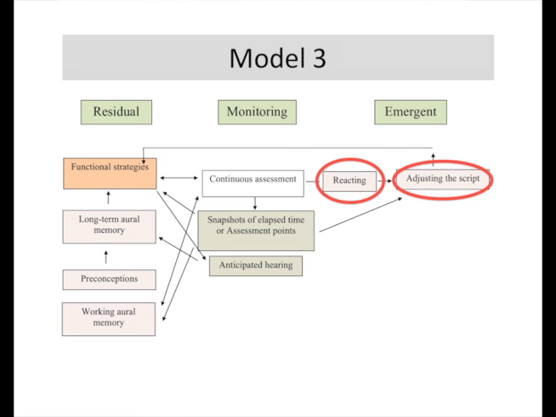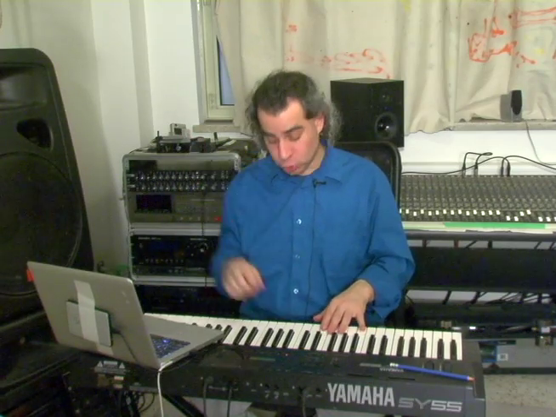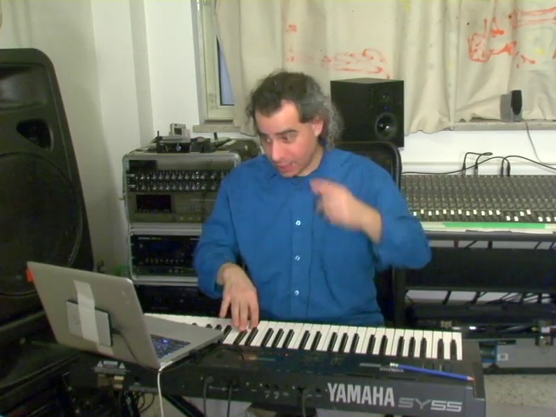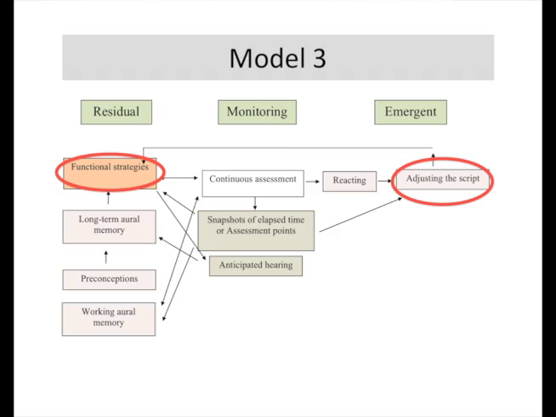Now I'm focusing on angularity. I'm adjusting the script. I'm not pursuing intervallic thinking. Now I'm thinking more in terms of contour. And by adjusting the script, I may retrieve another functional strategy. Now my problem is to construct a melody using angularity, and here's my functional strategy applied.